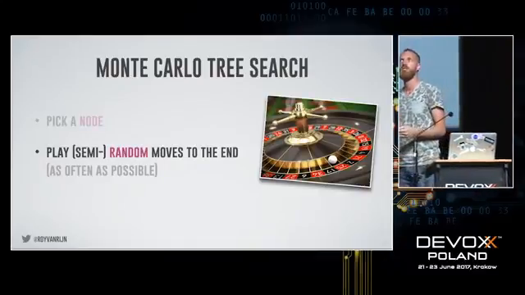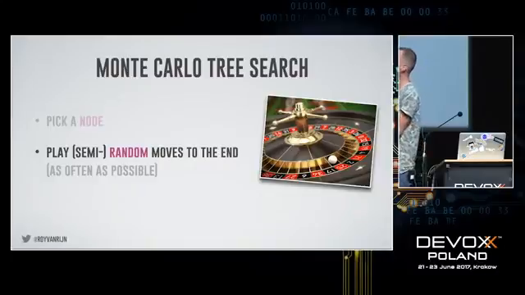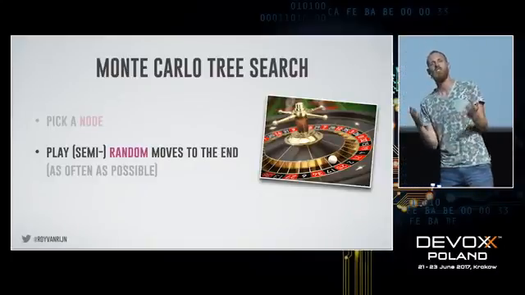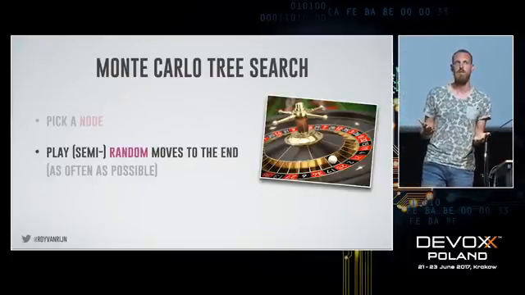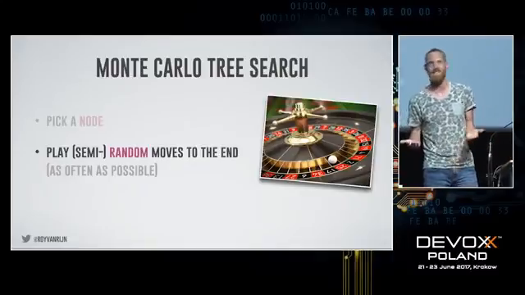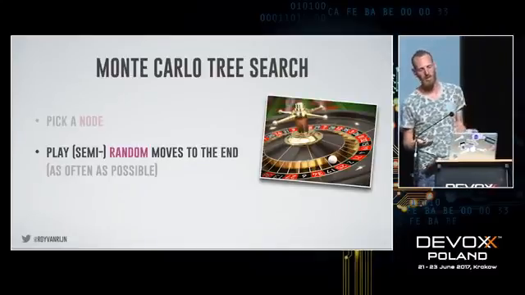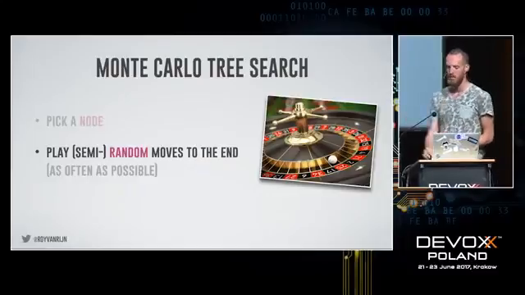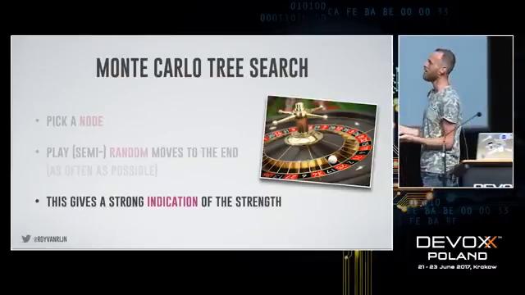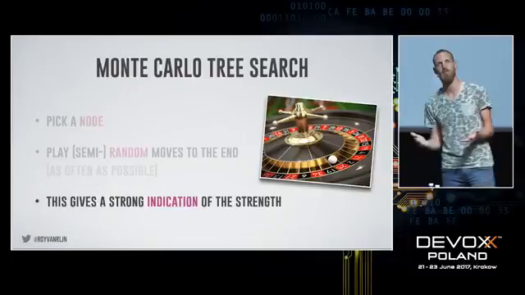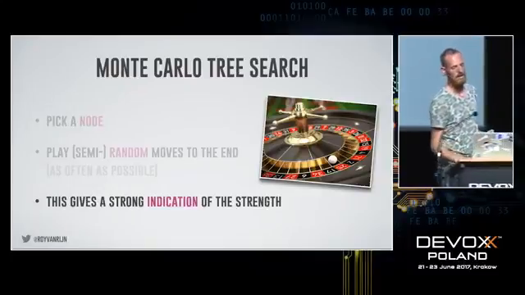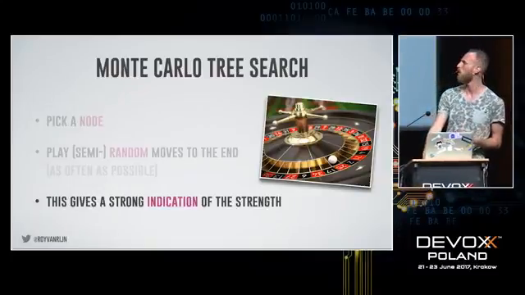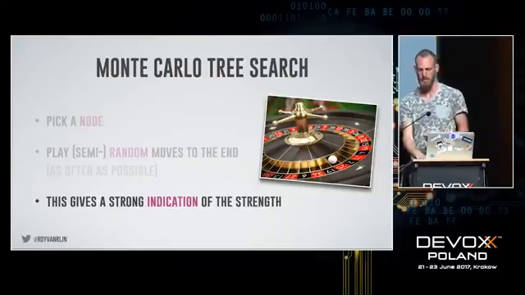And maybe we win 60% of the time, 10% of the time it's a tie, and that says something about the strength of that move. But not really. It's pretty random, but it does give an indication of the strength of that move. But it's not that good. So Go AIs aren't that good.